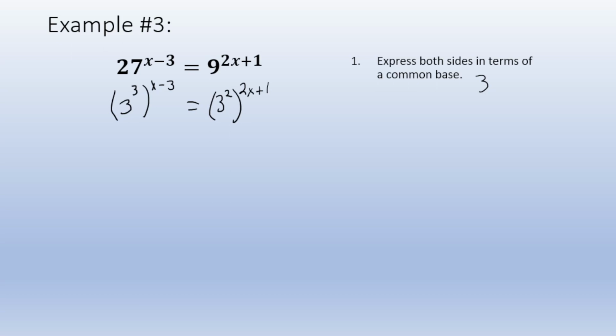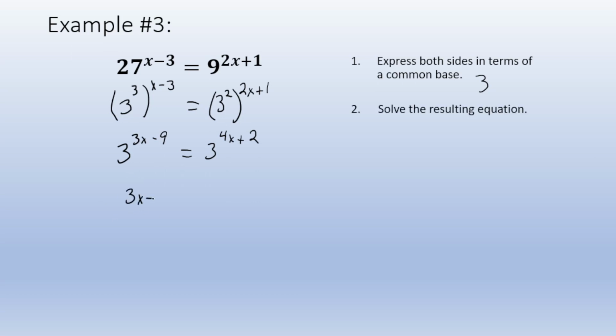Once we express those numbers as powers of 3, we can simplify these expressions by multiplying the exponents. The left side would give us 3 to the 3x minus 9 power. On the right side, we have 3 raised to the 4x plus 2 power. Now that we have the same base, we can now set the exponents equal to each other and solve the resulting equation.